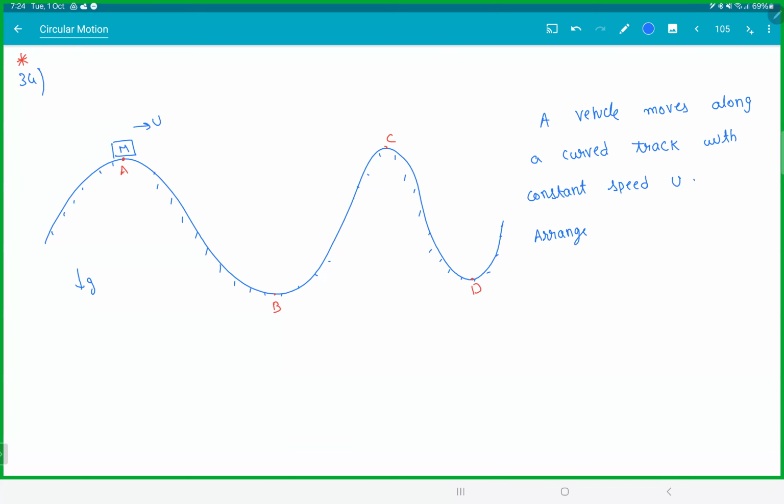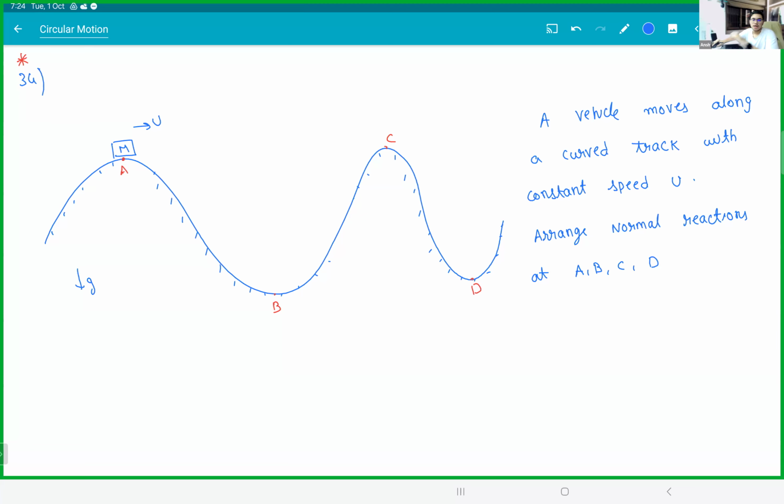Which is greater, which is the smallest. Arrange the normal reactions at A, B, C, D. Exam options will be like Na greater than Nb greater than Nc greater than Nd. These are 4 options they'll make. Try, it's a good one. Standard model.